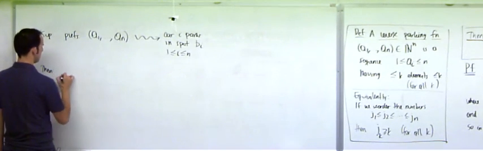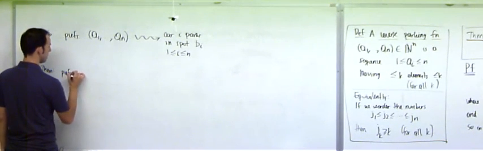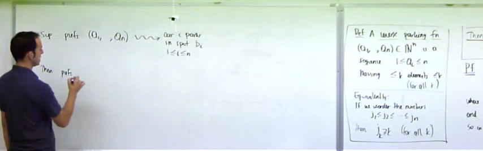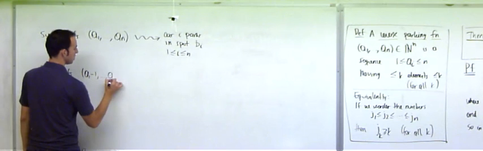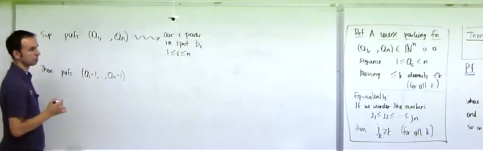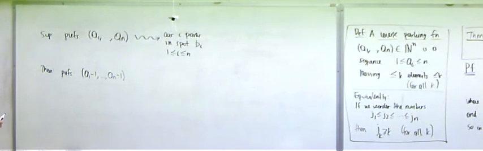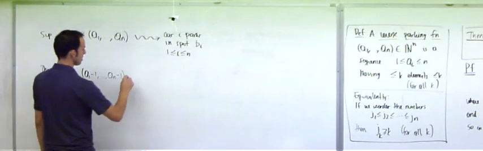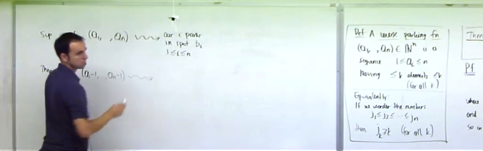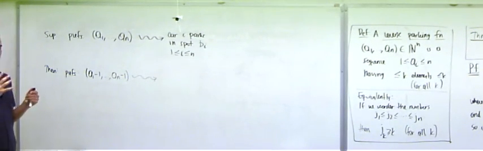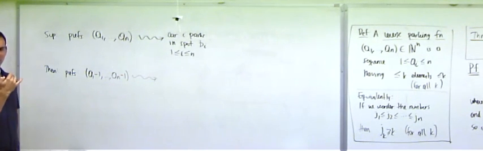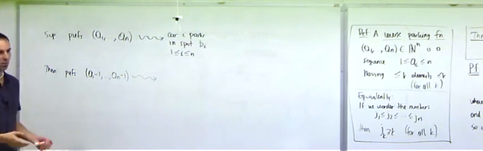So let's think about this now. What if the preferences were A1 minus 1 up to AN minus 1? So what if everybody changes their mind and now they don't want the spot that they were after but the next one? So think about it. What happens?